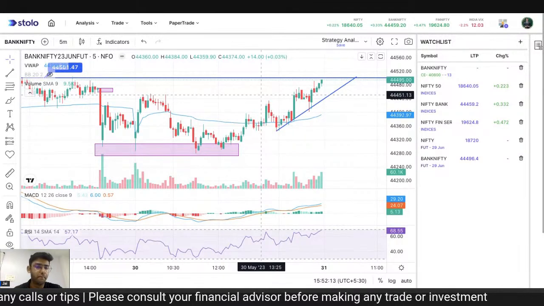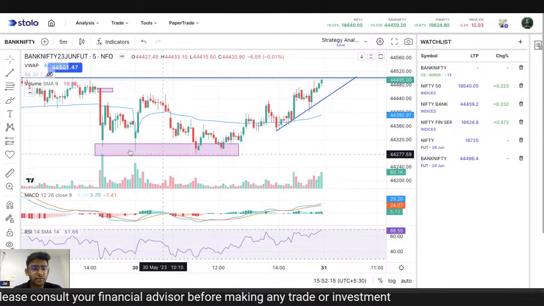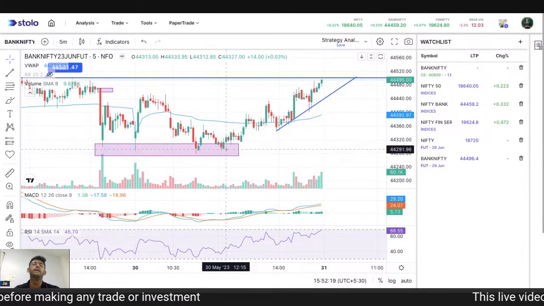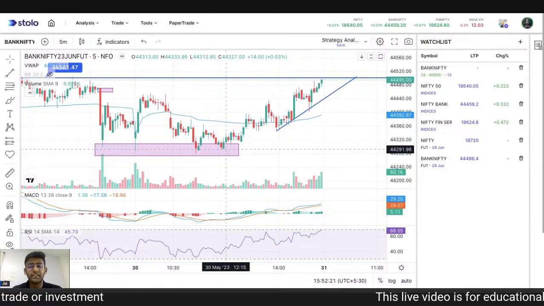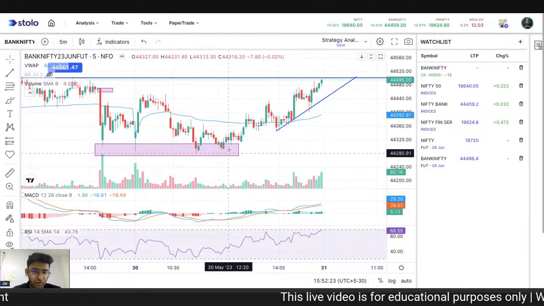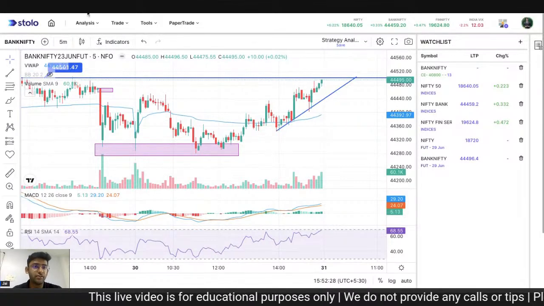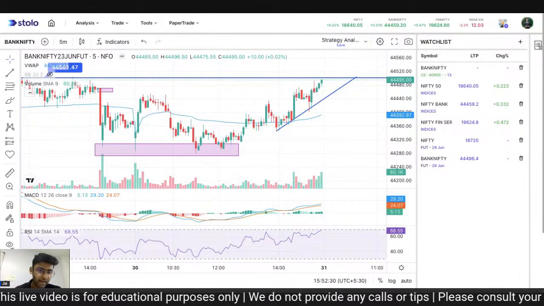This is Bank Nifty, and this is one region I'm looking at, where it is continuously taking support. Around 44,300 is where Bank Nifty is continuously taking support from and heading higher.